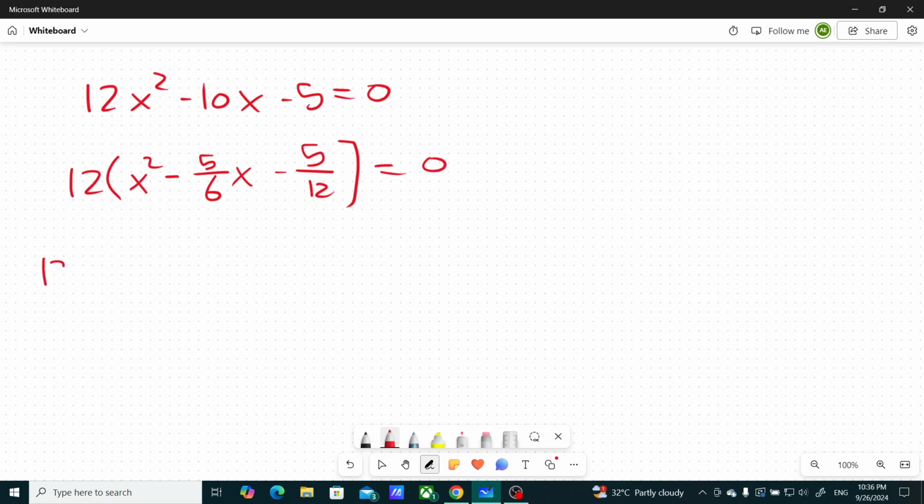So it's going to be a 12, and then inside I can now use the b over 2 squared. So it's going to be minus 5 over 6, divide 2 is basically multiplying by half, and all squared.